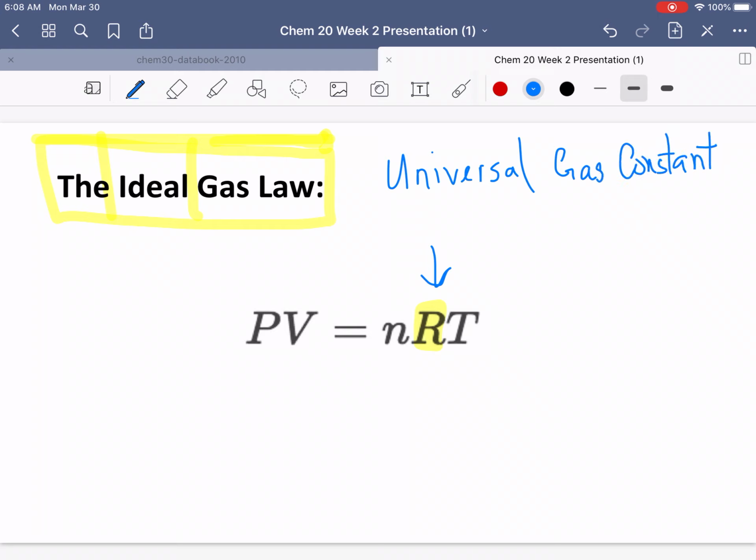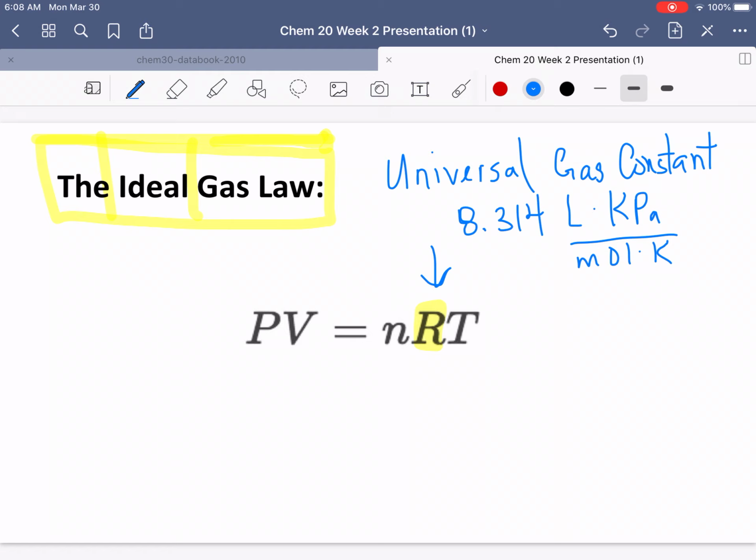And the key thing about the universal gas constant that I think is so helpful is the units, because the units give you a hint to all the rest of the variables that are part of that ideal gas law. So check this out. I know these are written in kind of a weird way, but ultimately this means liters times kilopascals, and that whole thing divided by moles times Kelvin.